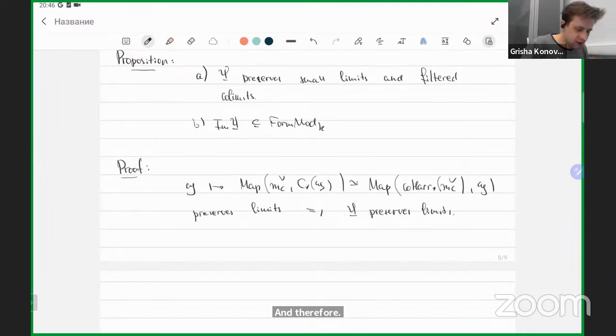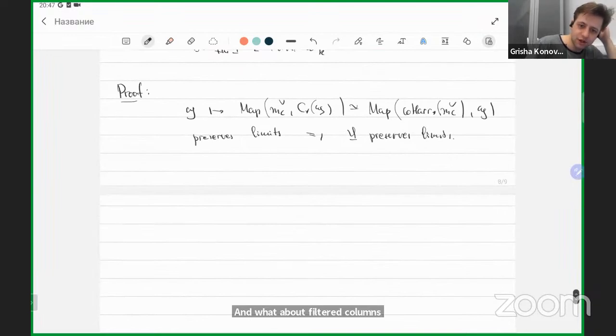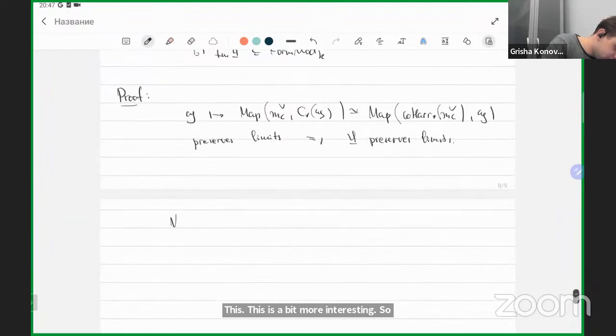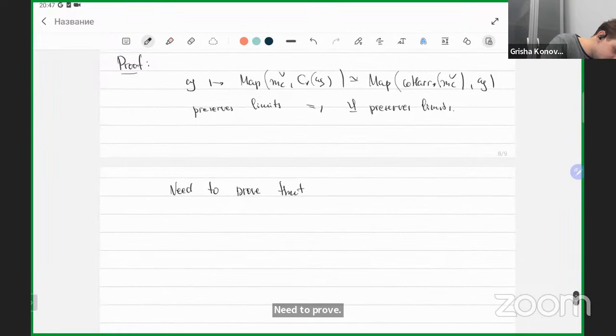And what about filtered colimits? This is a bit more interesting. So we need to prove that Cohar of MC dual is compact.